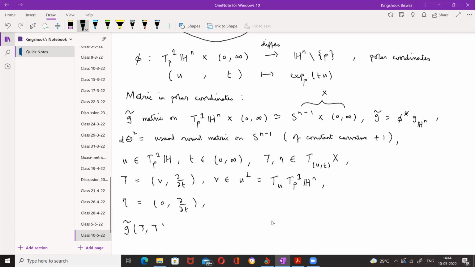Let's look at this first. So this is going to be phi upper star g of xi xi. So this is g of d phi xi, d phi xi.